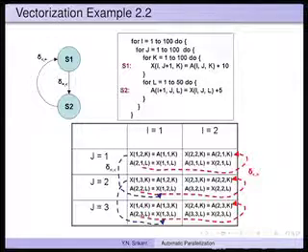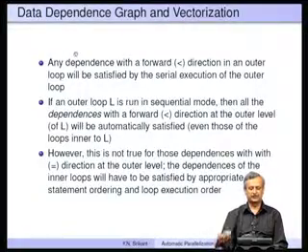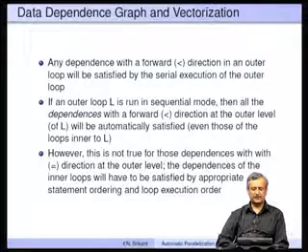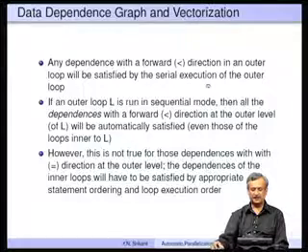Now, this is where the problem arises. There is a cycle here, right. Whenever there is a cycle like this, the rule that we are going to follow is given in this particular slide. Any dependence with a forward direction in an outer loop will be satisfied by the serial execution of the outer loop.